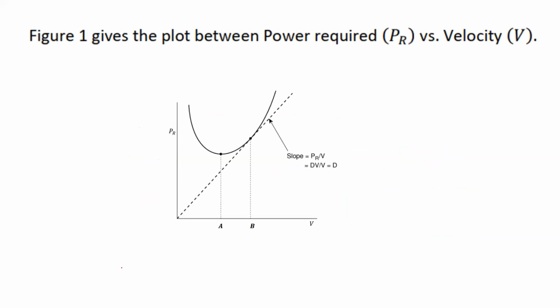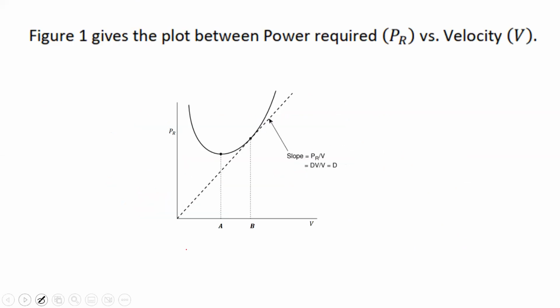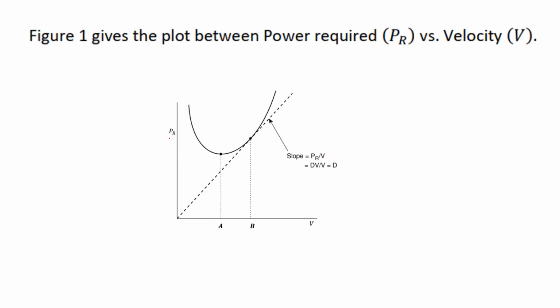This figure was given, and there are two questions. Point A represents the velocity for... Now this is point A. The answer is minimum power required. Why? Because this is the graph of the power, and this is the minima for power.